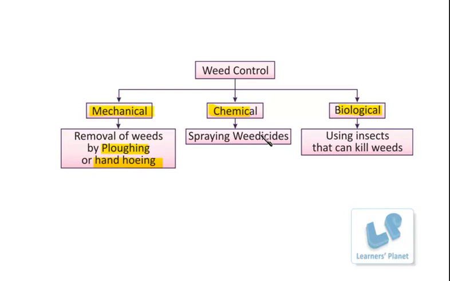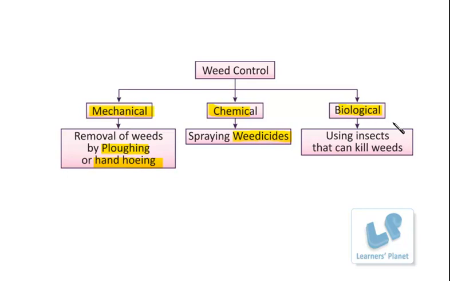Next is the chemical. Chemical methods include the use of specific chemicals which, when sprayed over the fields or over these weeds, kill them or inhibit their growth. Such chemicals are known as weedicides, right?